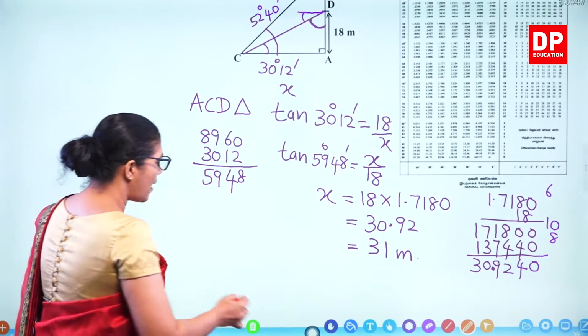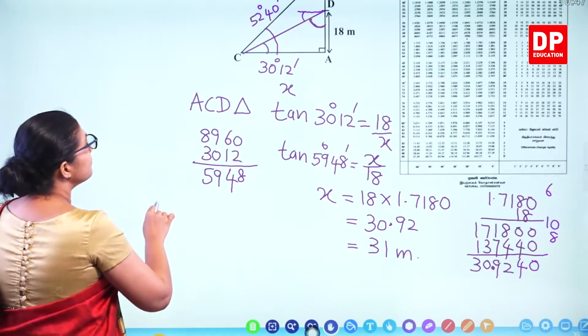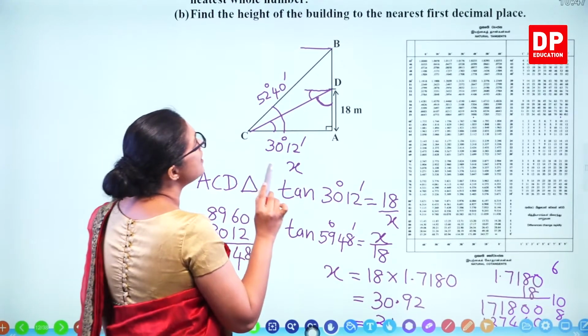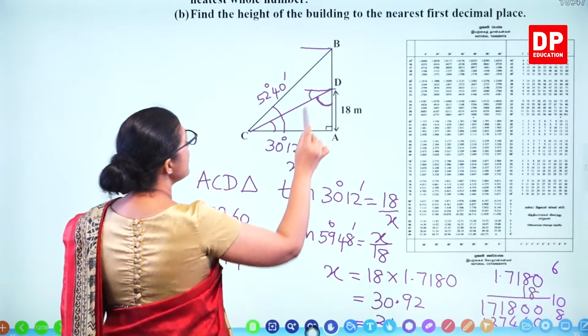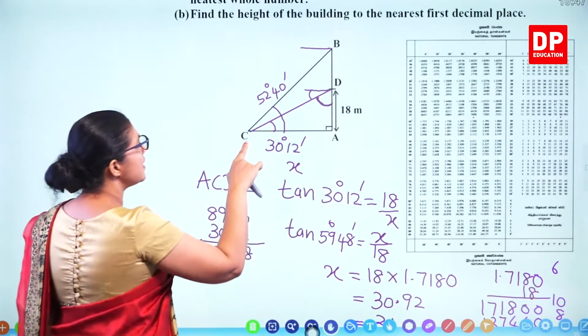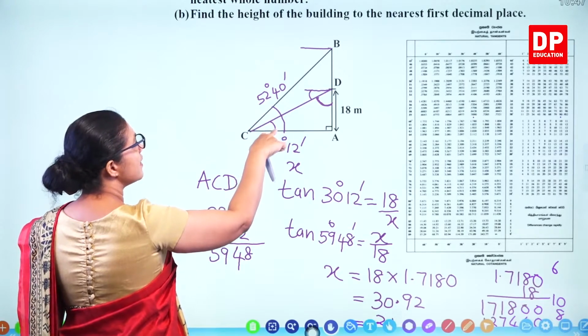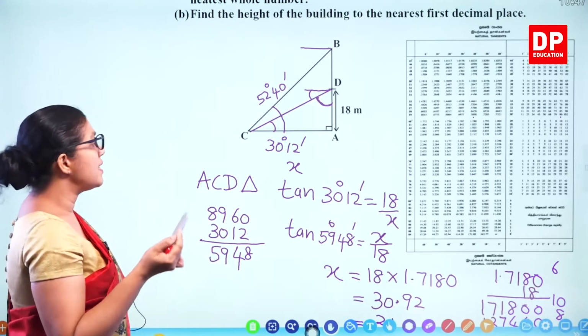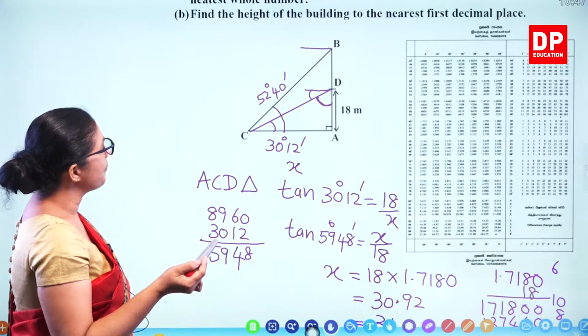Then the second part: find the height of the building to the nearest first decimal place. So we'll take AB as the height. Then to the bigger angle, that's opposite, and the value you found is the adjacent.